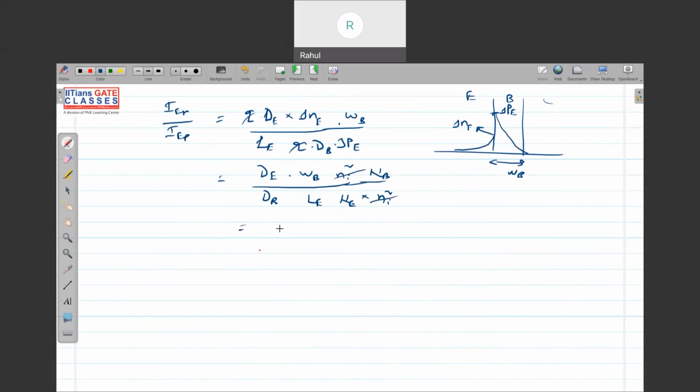So what will we get? NB into DE into WB divided by NE into DB into LE. This is my IEN by IEP. So this thing is very clear, right? If you understood the PN junction theory.